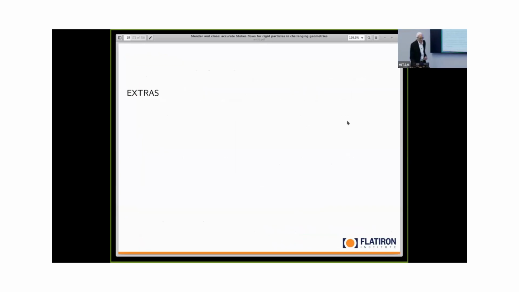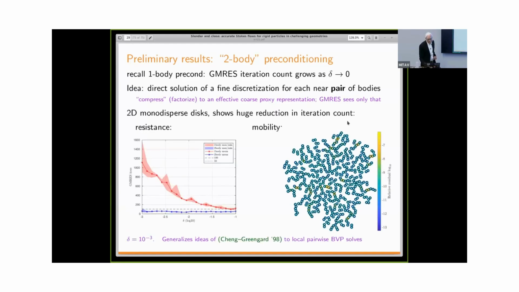Glad you asked, and I'm glad I decided to make that an extra slide. I had mentioned this word, two-body preconditioning. The idea is the GMRES iterations, as the particles get closer, are growing really badly for the resistance problem. You have 1,000 GMRES iterations.